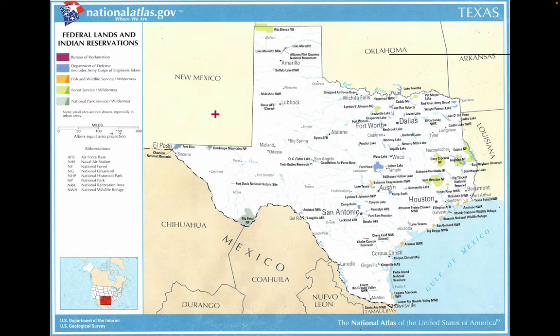Supposedly it was a temporary website, and they may have these maps still online somewhere. Some people have sent me some links to websites where you can dig around and find the maps, but I haven't been able to find maps such as this one for all of the states. But I did have this one for Texas, which I copied several copies of and downloaded into my computer. So I have this one.